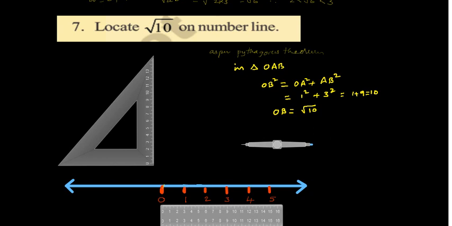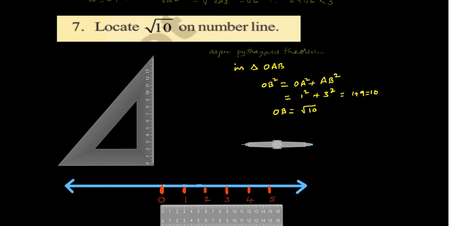As per Pythagoras theorem, OB square is equal to OA square plus AB square. If you take OA as 1, AB as 3, or otherwise you take OA as 3, AB as 1, that is your choice.